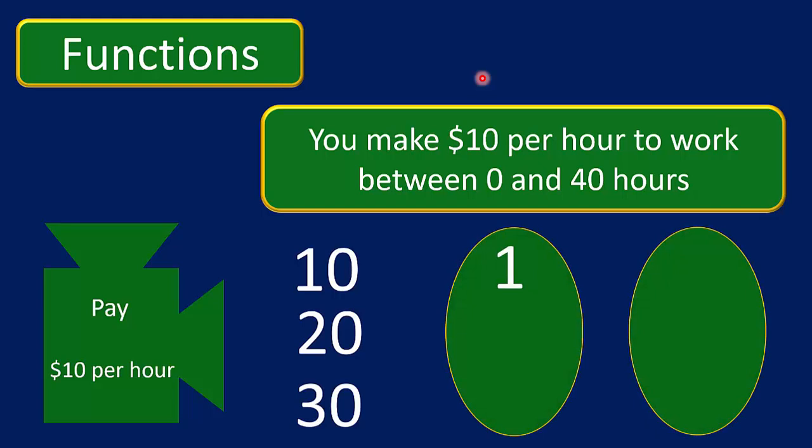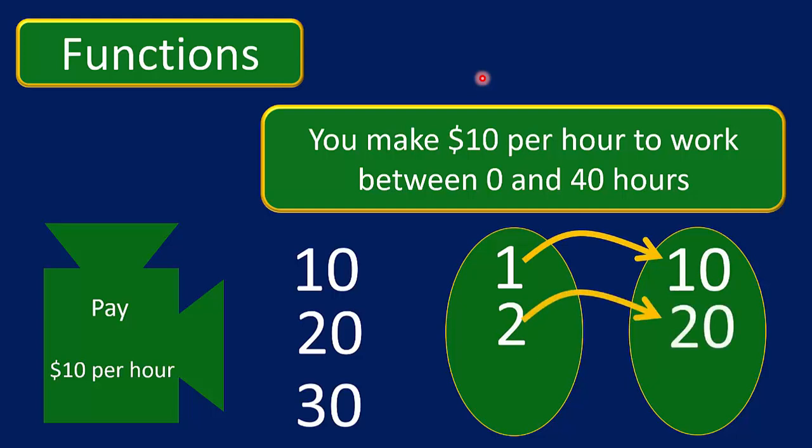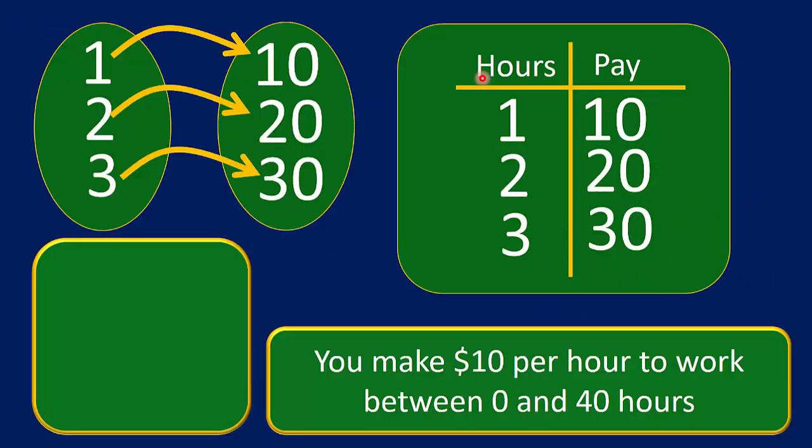A different way to look at it would be this, where you've got 1 mapping over to 10, 2 mapping over to 20, and so forth. We could go on and list a bunch of different values, but 3 is enough to show you what's going on with a function. So we've got here this mapping. Here we've got a little table. Both of these are representations of the function.